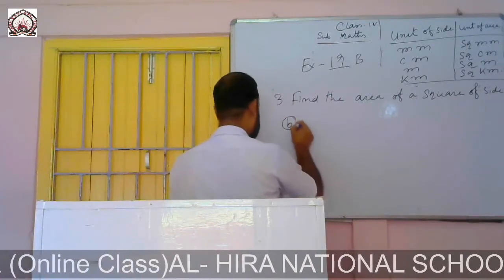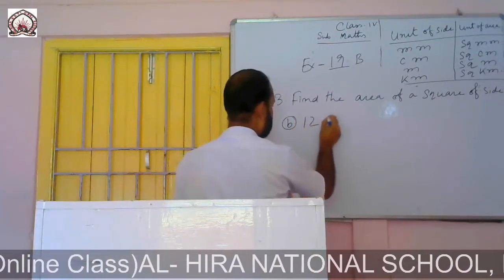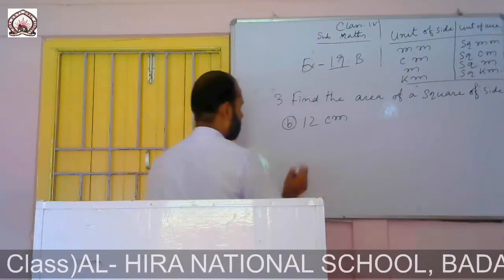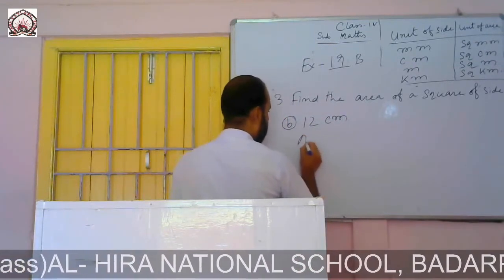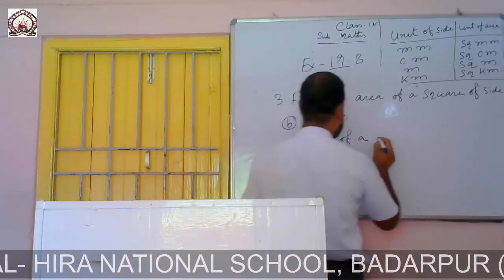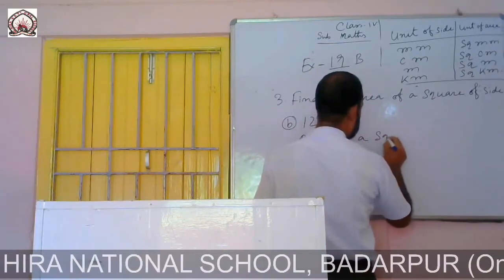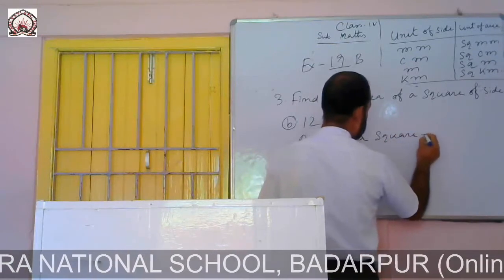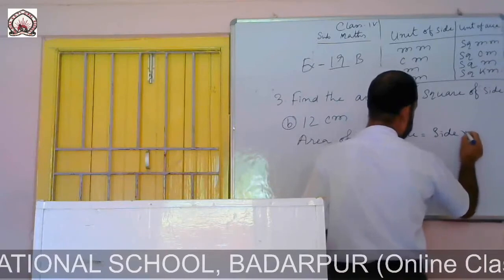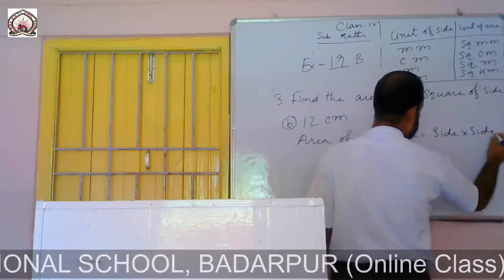Question number B, 12 centimeter. Same as before, area of a square equals side into side.